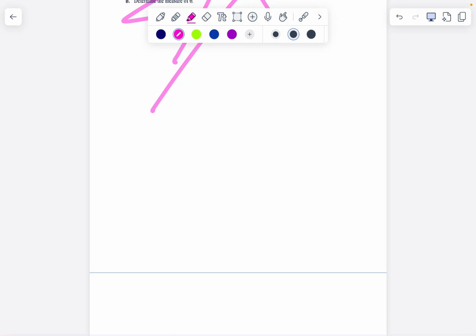The paper for today is short, at least in terms of problems. I think it only has 4. 1, 2, 3, 4, yep.